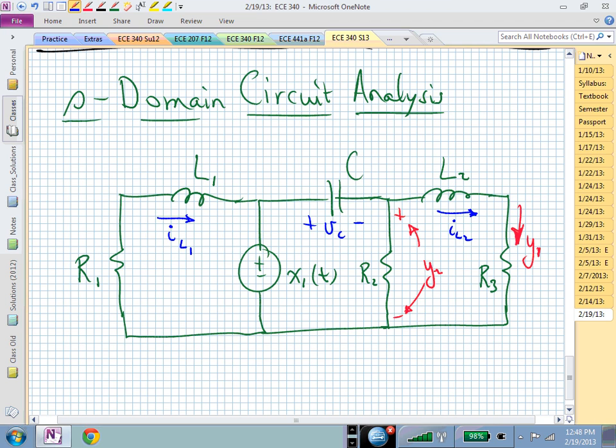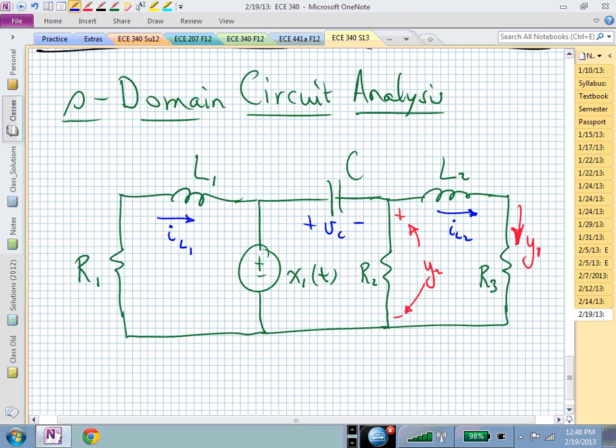Now are you ready to go back to your desk and try to find this solution for Y sub 1 and Y sub 2 as a function of time? Probably going to need to know what X sub 1 of t is, right? The source. You need to know what the source is, but let's say now you're given that.